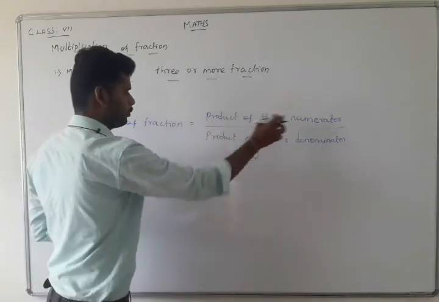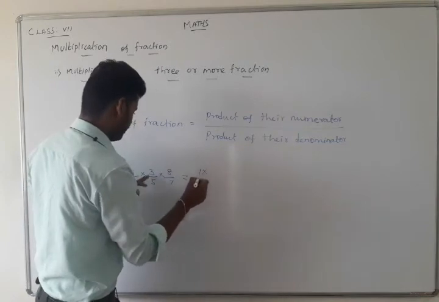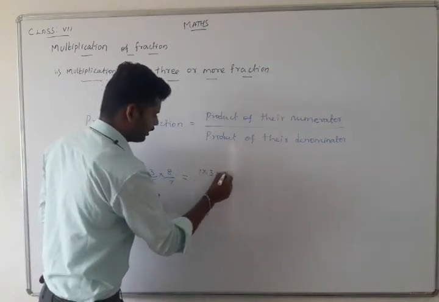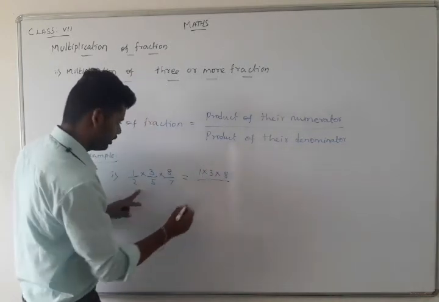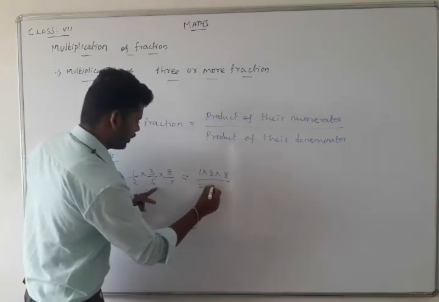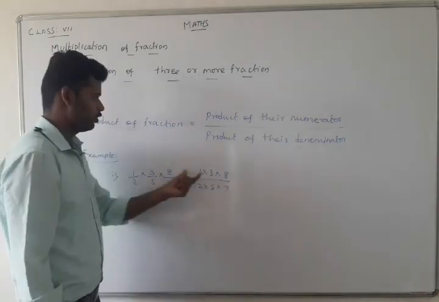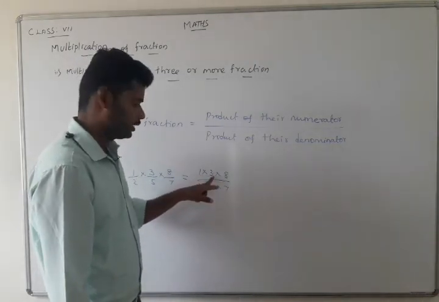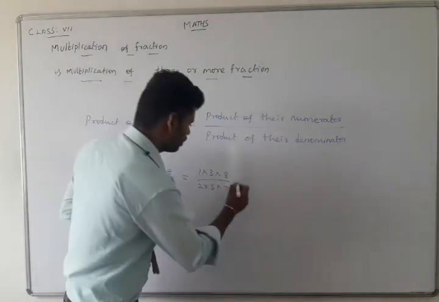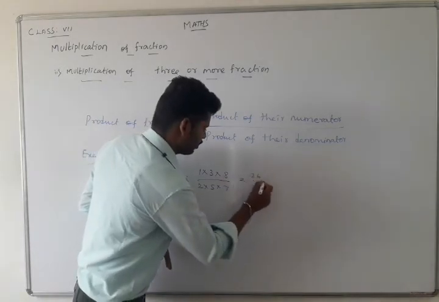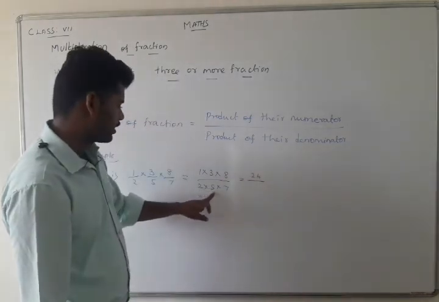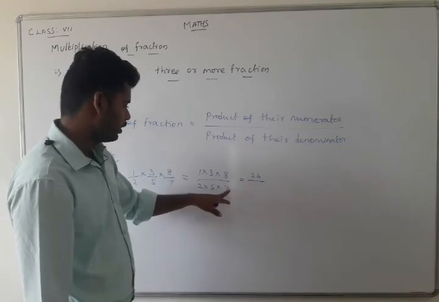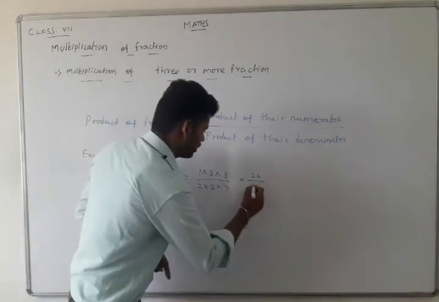Product of their numerators means 1 into 3 into 8 divide 2 into 5 into 7. This is numerator, here denominator. 1 3 is a 3, 3 8s are 24 divide 2 5s are 10, 10 7s are 70.